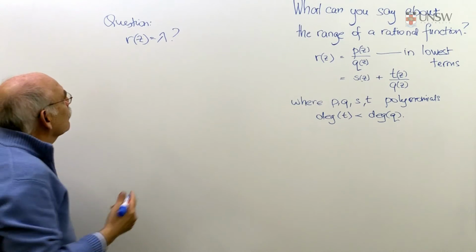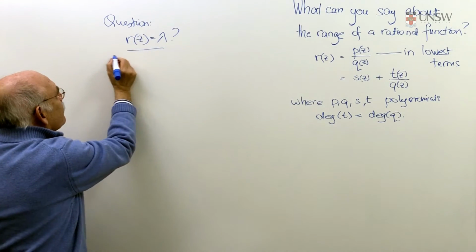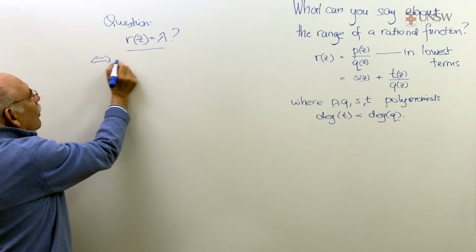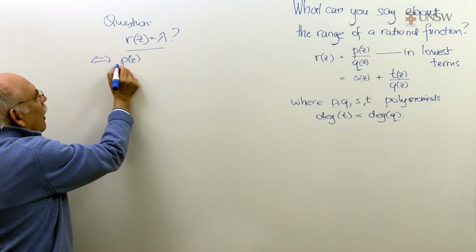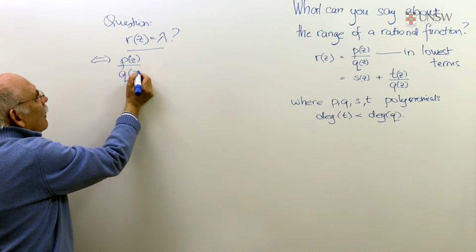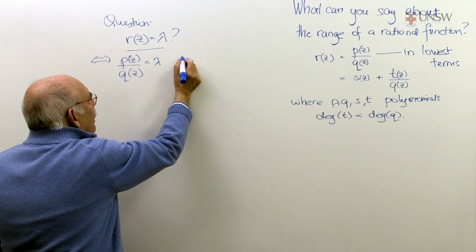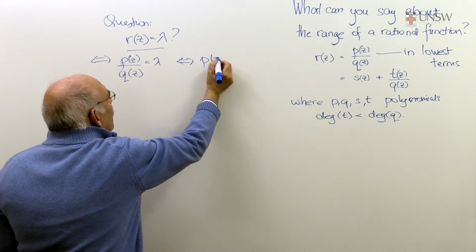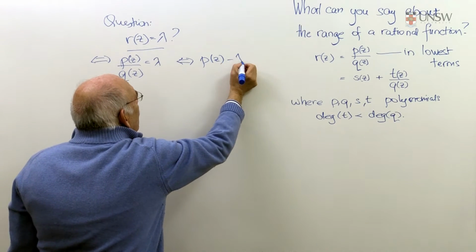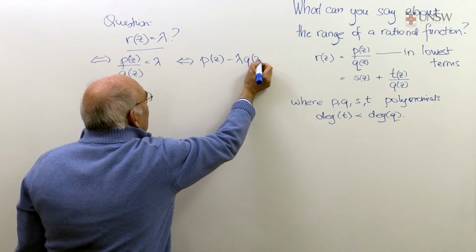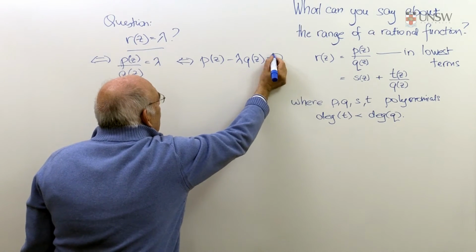So, what can we say about that? This is the same as saying that p of z over q of z is equal to lambda, and that is the same as saying that p of z minus lambda q of z is equal to 0.